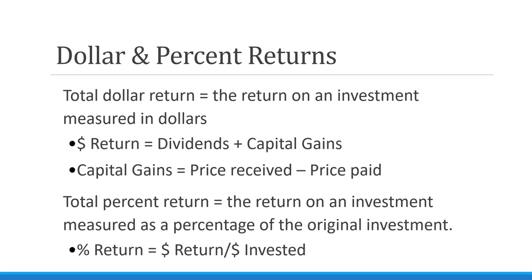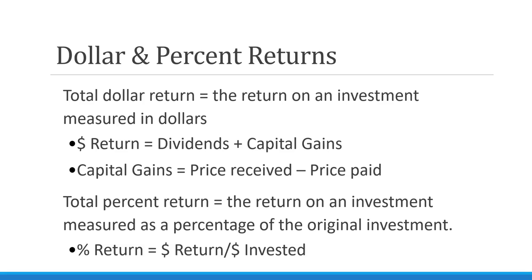So when we talk about dollar and percentage returns, we have our total dollar return, which is the return on our investment measured in dollars. The total dollar return equals the amount of any dividends we have received plus any capital gains we might have received.